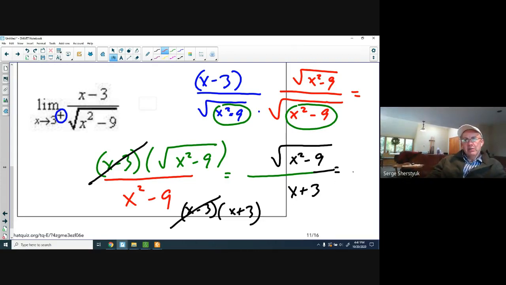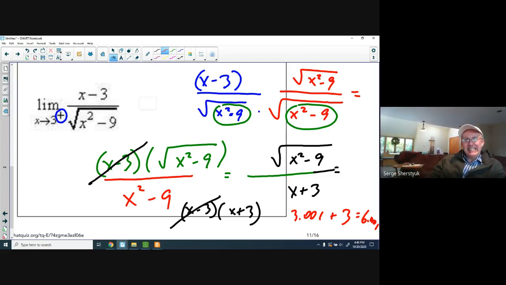All right, now plug in a very, very small number, like 3.001. Well, when you plug in 3.001 plus 3, the denominator is going to be 6.001. What about the numerator?